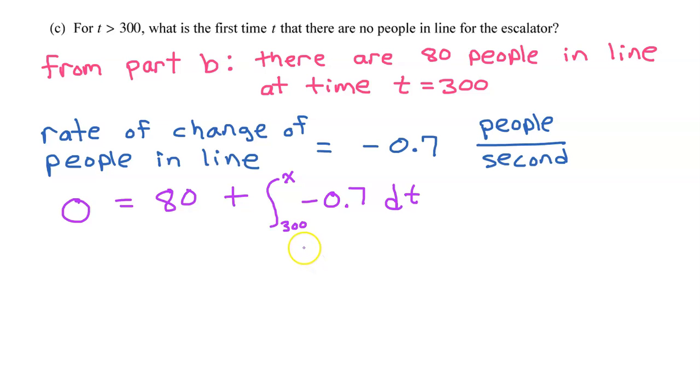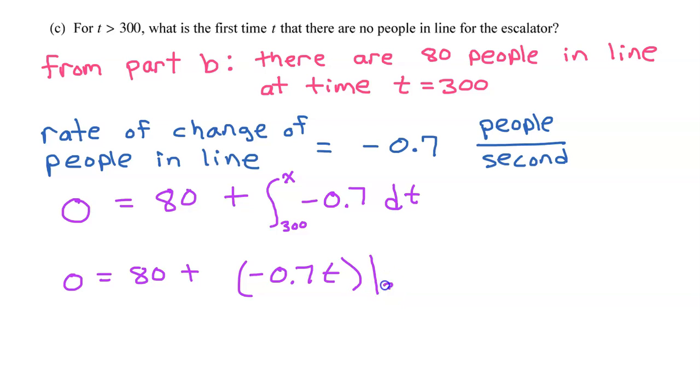If you don't like graphing, perhaps you're uncomfortable adjusting the window and all that, you can solve this problem without graphing. We can simply treat this integral like a definite integral. So we would have 0 equals 80 plus, and to evaluate a definite integral, you find the antiderivative, which in this case would be negative 0.7t, and then you evaluate that antiderivative using the limits of integration.